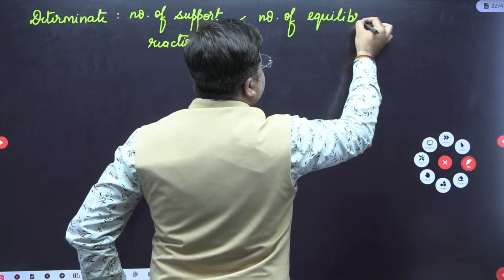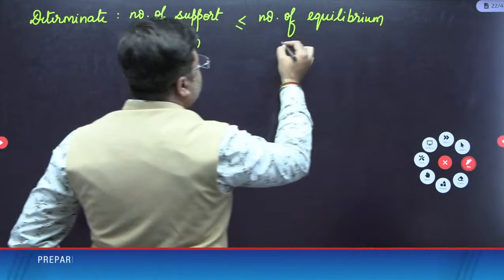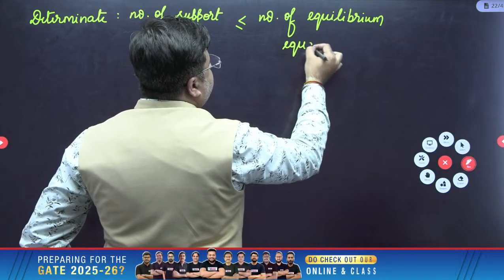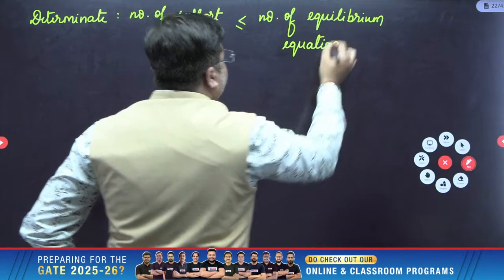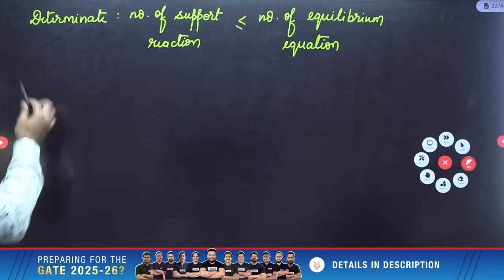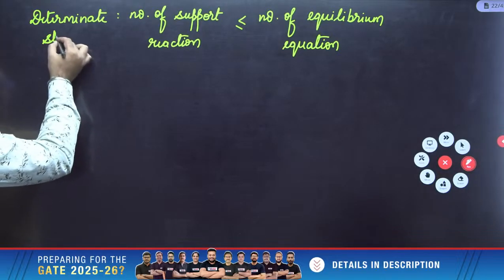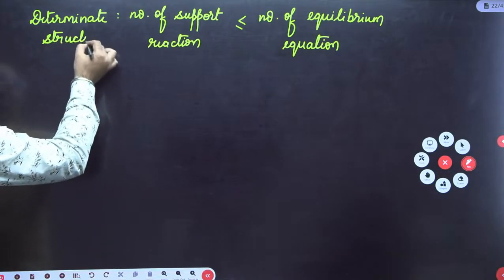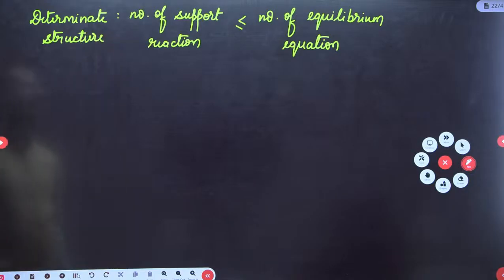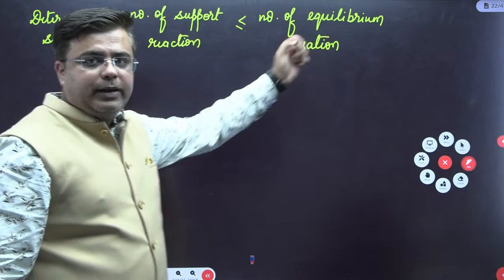If the structure is a determinate structure, then the number of support reactions are less than or equal to the number of equilibrium equations.